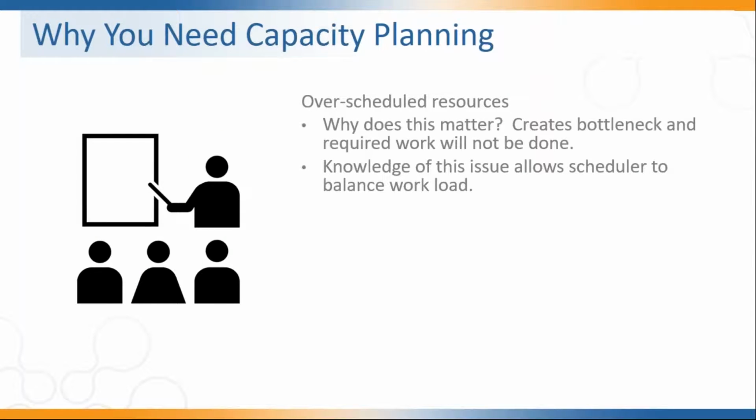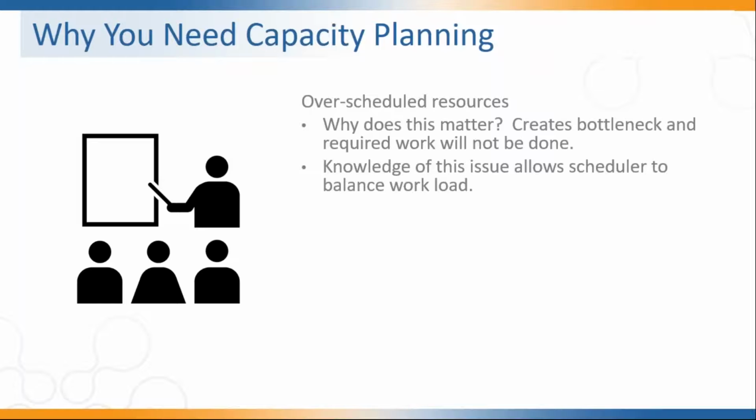Well, let's find out why we need capacity planning. There are certain problems that can come up in the shop that must be addressed. One of them is overscheduling our resources. Now, what does that mean? Well, suppose we have one machine that is needed to build several different items, and we need those several different items at the same time.